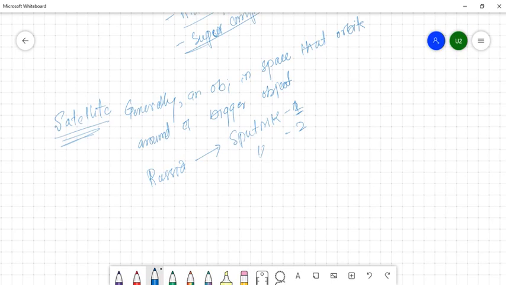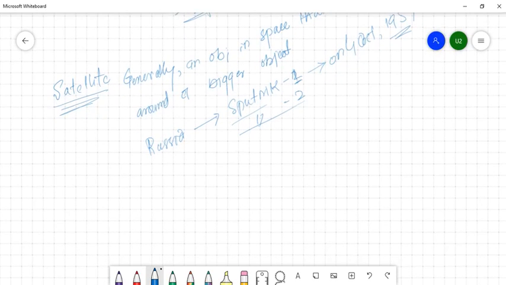The first satellite, Sputnik 1, was launched on 4 October 1957, followed by Sputnik 2.